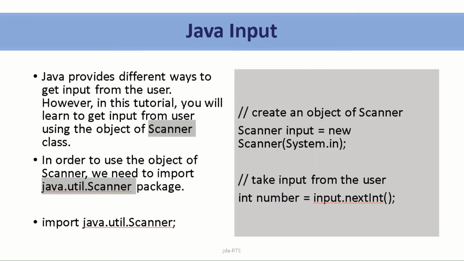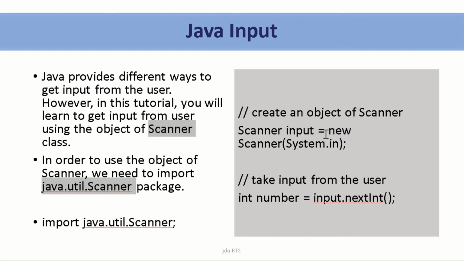So we have Java input. If you use the Scanner class, you also need to import java.util, because the Scanner class is stored in the util package in Java. So we create an object of Scanner. Input is an object of Scanner.